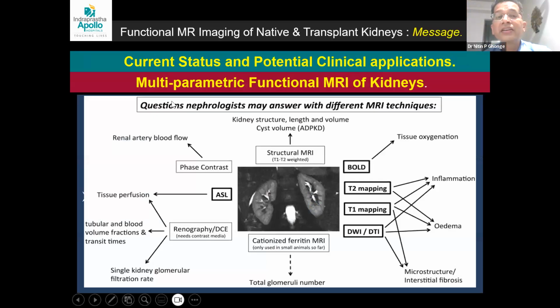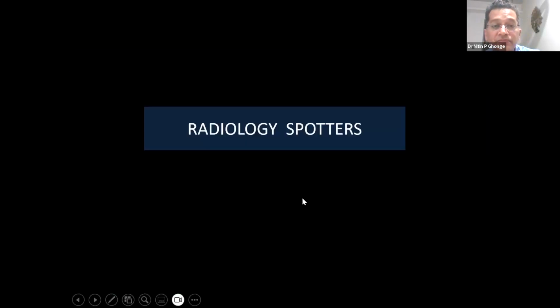So this is all combined under the study called multiparametric functional MRI, something similar to multiparametric MRI of the prostate. This is multiparametric functional MRI of the kidneys, which includes BOLD and all other imaging studies for native kidneys as well as for the transplant kidney.